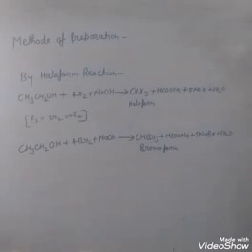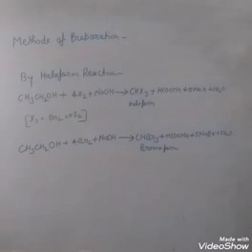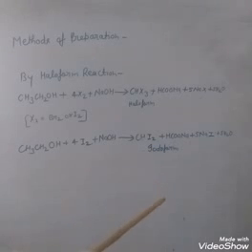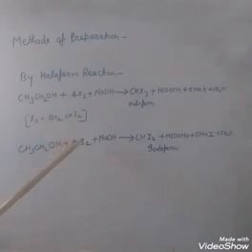These are the reactions which obtain bromoform: beside X2 we use Br2, so we obtain bromoform. These are the reactions which obtain iodoform: beside X2 we use iodine, then we obtain iodoform.